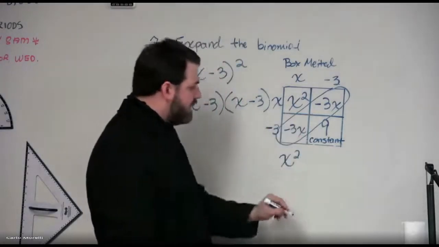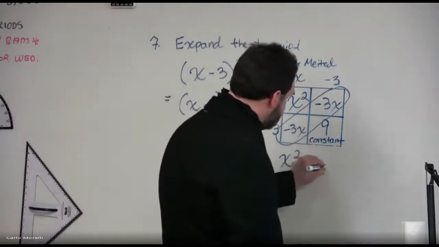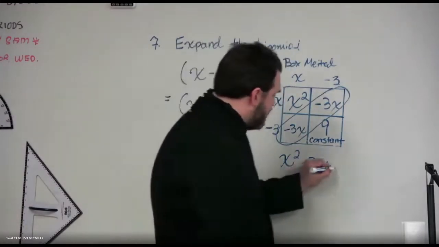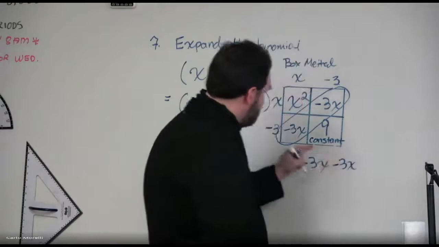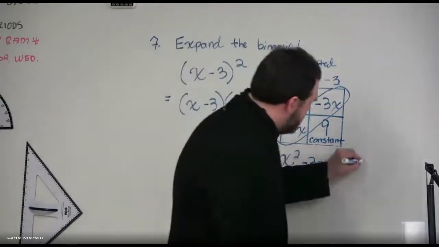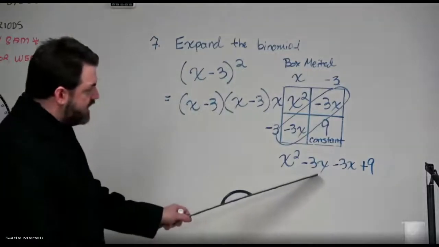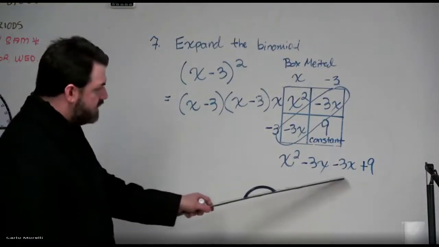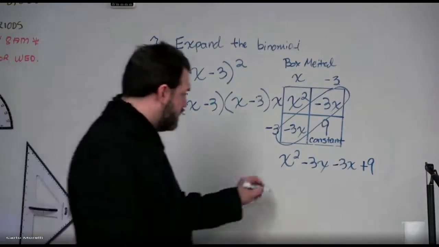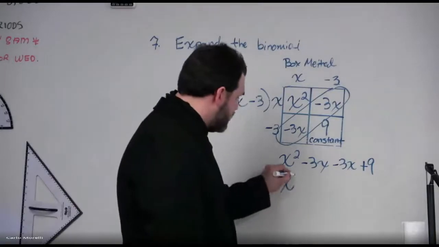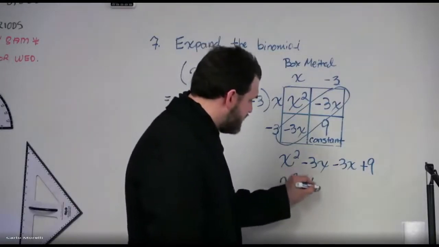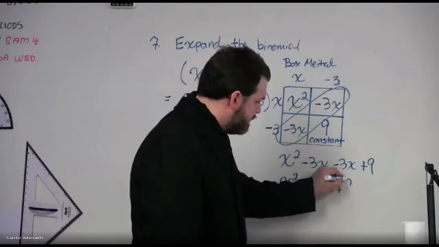Then we're going to write out -3x. Then we're going to write out -3x again because that's here. Then we're going to put plus 9. Okay. Now we already combined. You see how these are like terms? They both have x's. So our final statement will be x squared minus 6x plus 9.